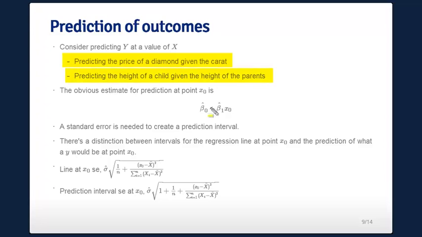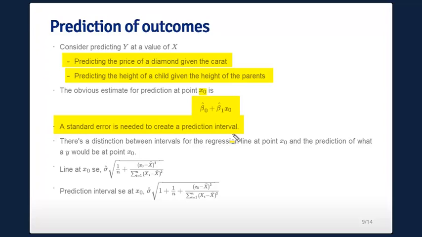So the obvious estimate for a prediction at a point x naught, we've already talked about this, is just beta naught hat plus beta 1 hat x naught. But if you actually want a prediction interval, something that incorporates the uncertainty, you need a standard error, and some knowledge of the distribution of the prediction estimate to create an interval.